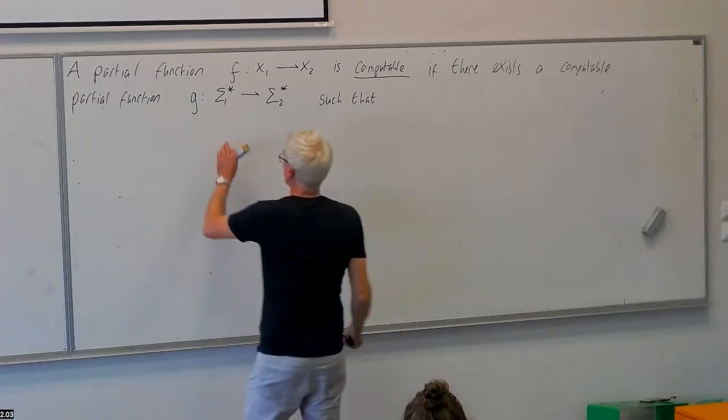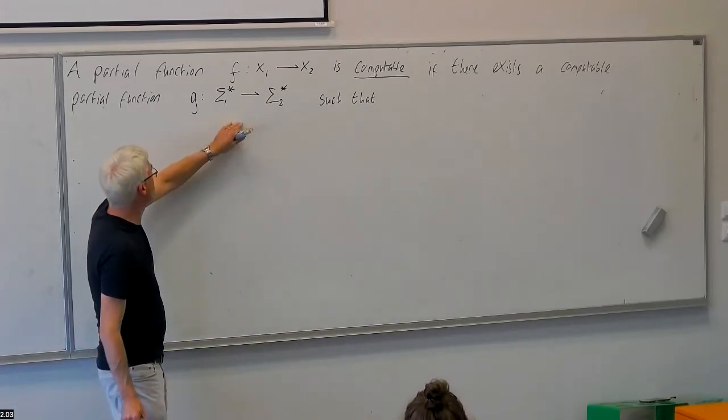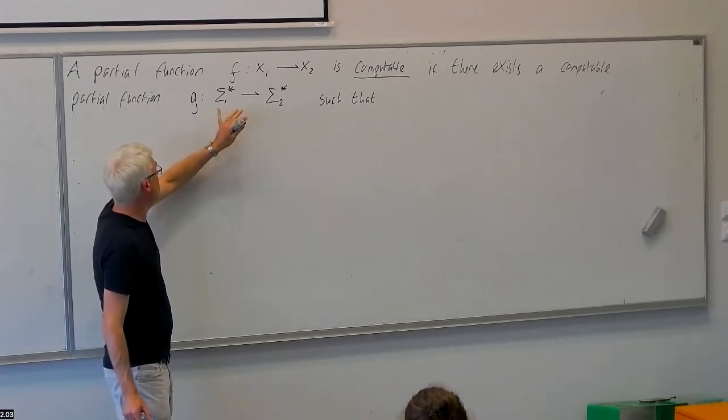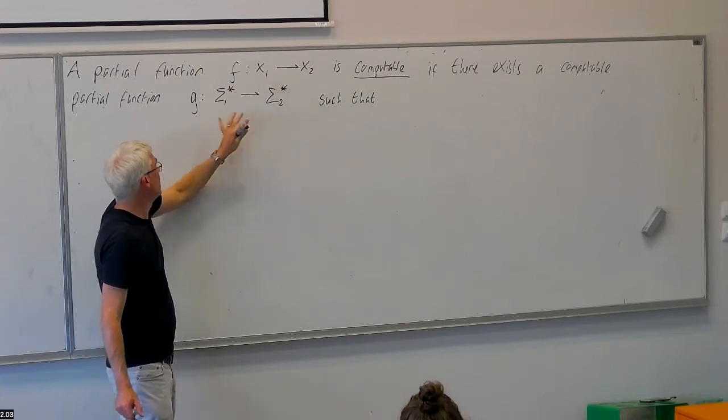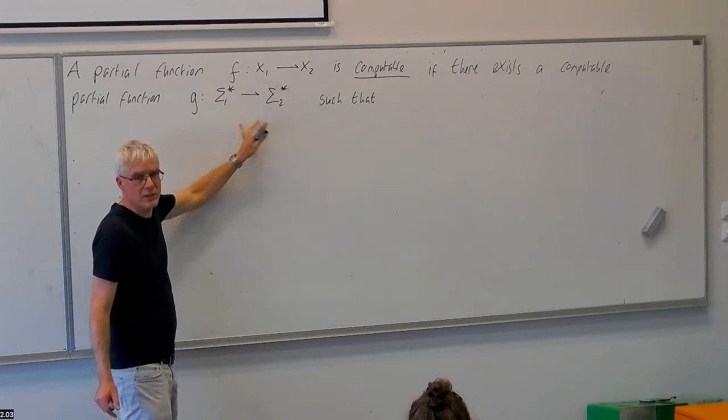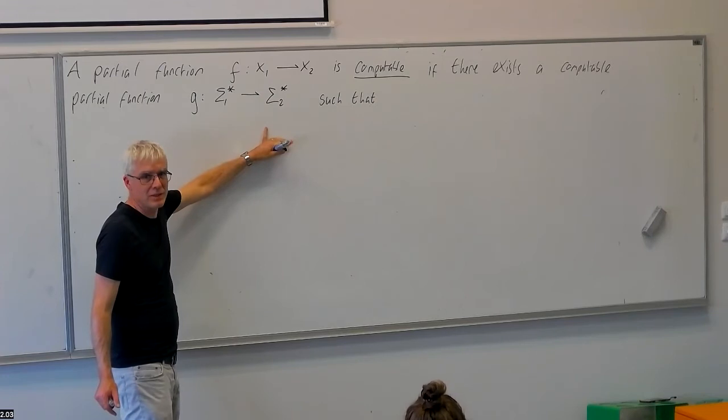The idea is the same: on names of X1, we want g to do exactly what it should be expected to do.